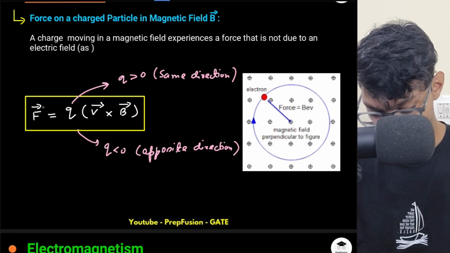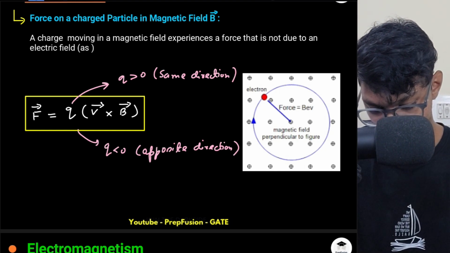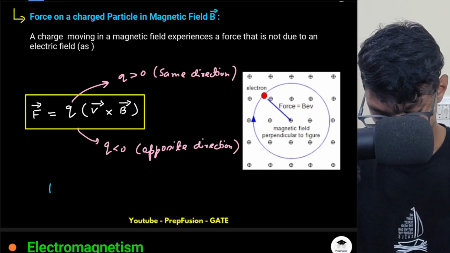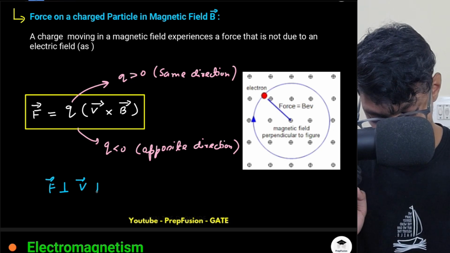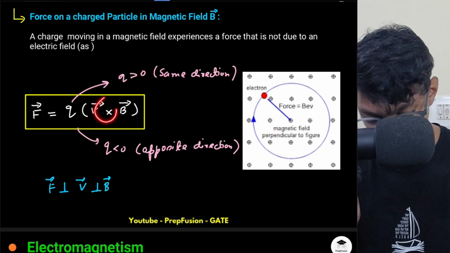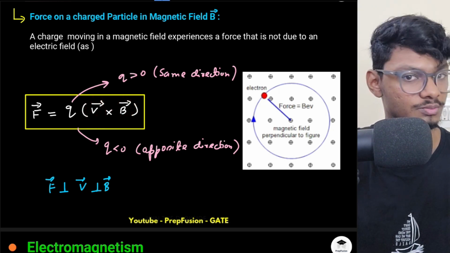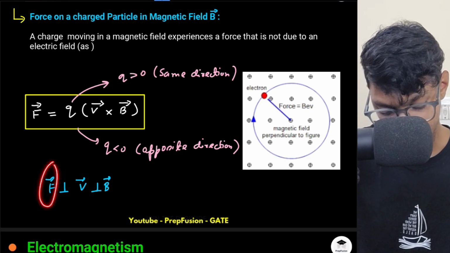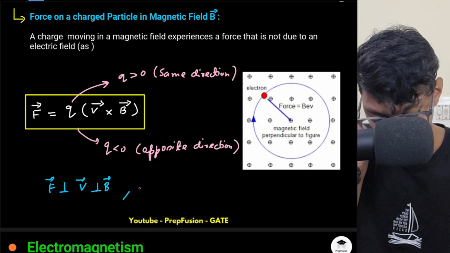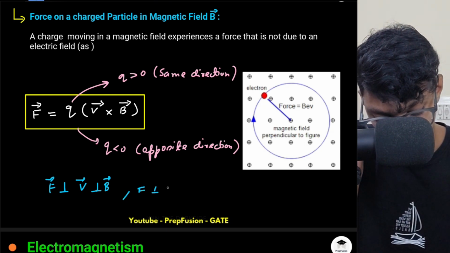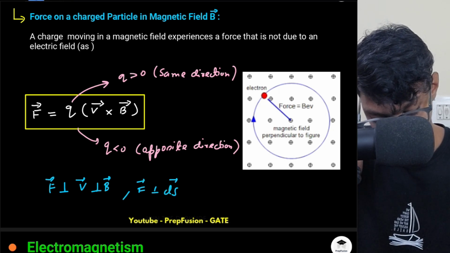Whatever force vector I get, the vector F will always be mutually perpendicular to the velocity V and B. That is the definition of a cross product. It gives me a vector that is perpendicular to both V and B. So my force is perpendicular to velocity, and it means my force is perpendicular to displacement ds as well.